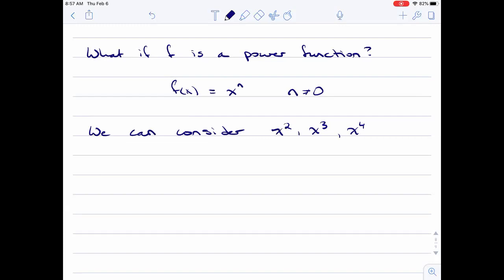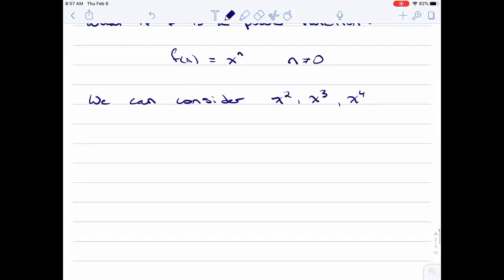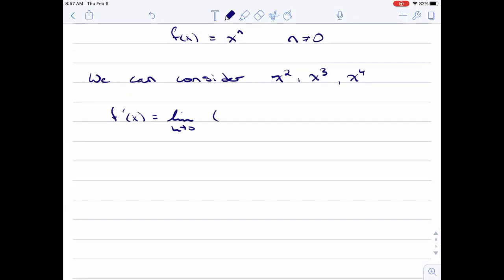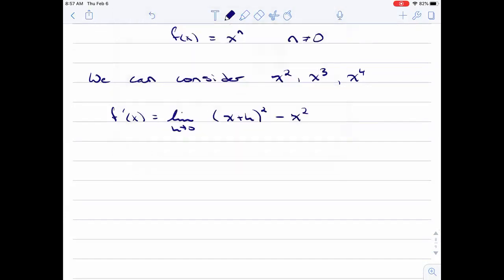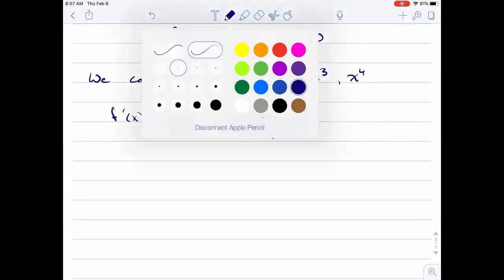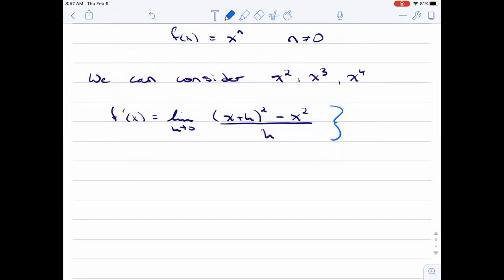So we can find f prime of x, the limit as h goes to 0 of x plus h squared minus f of x, which is just x squared, over h. Here I'll just show that f of x is x squared.